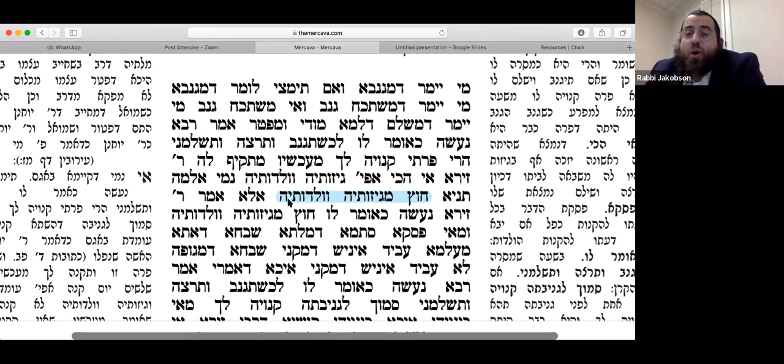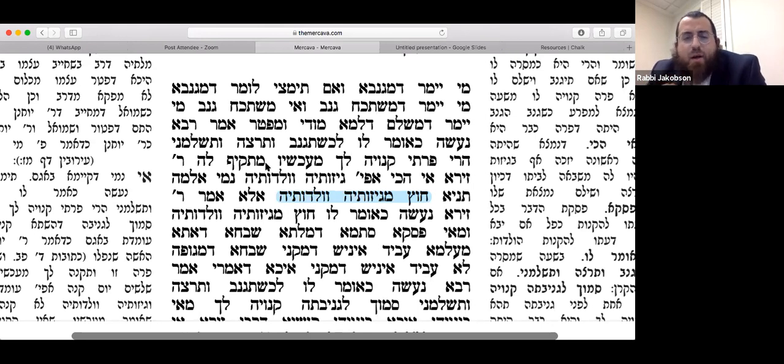So that's a challenge to what Rava said, that the cow became mine. Because if the cow is mine, why are the offspring not mine? If the sheep's mine, why are the shearings not mine?